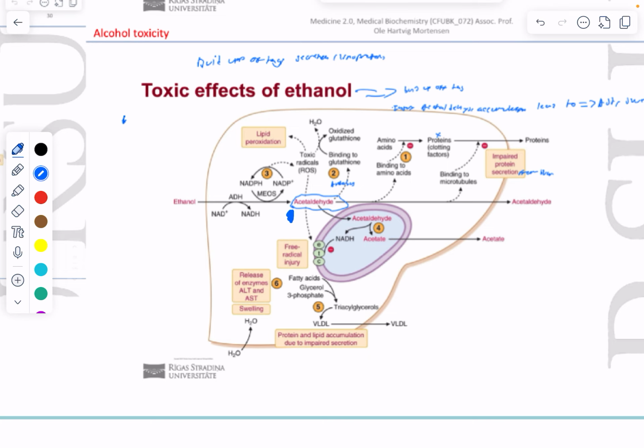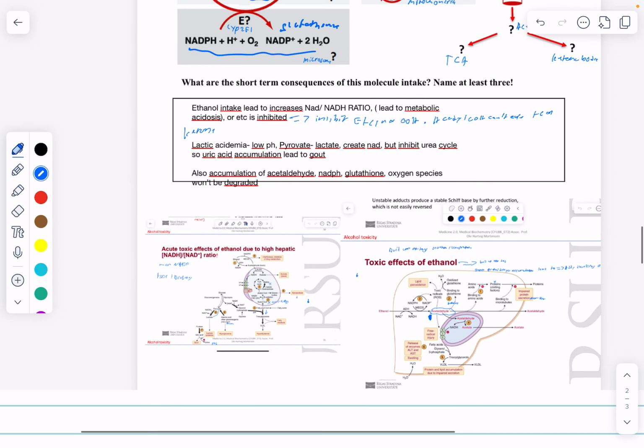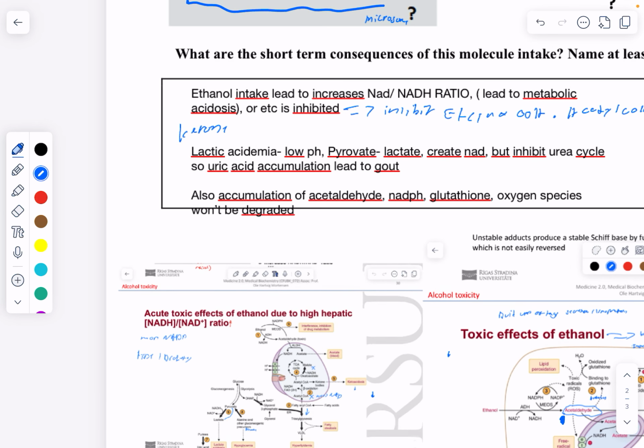And you could also say that it could interfere with lipid and VLDL production here. So I just summarized it: accumulation of acetaldehyde could lead to increased glutathione reaction trying to defend against reactive oxygen species.